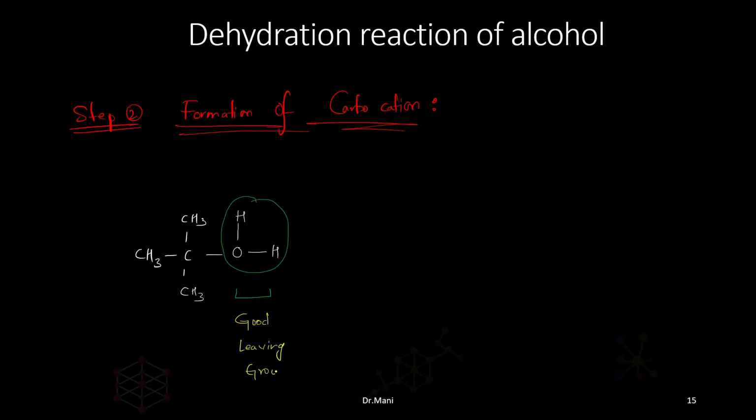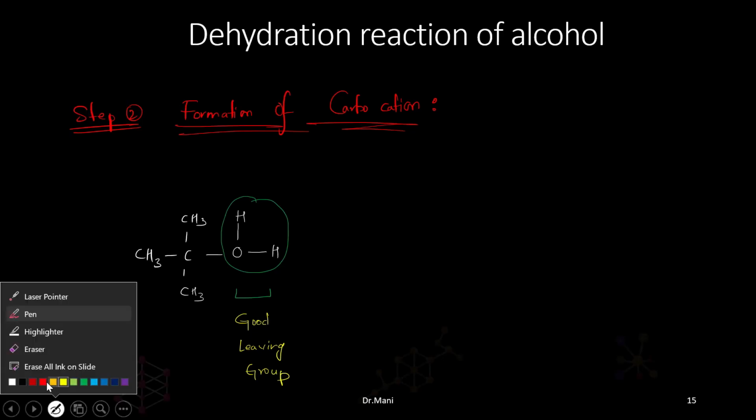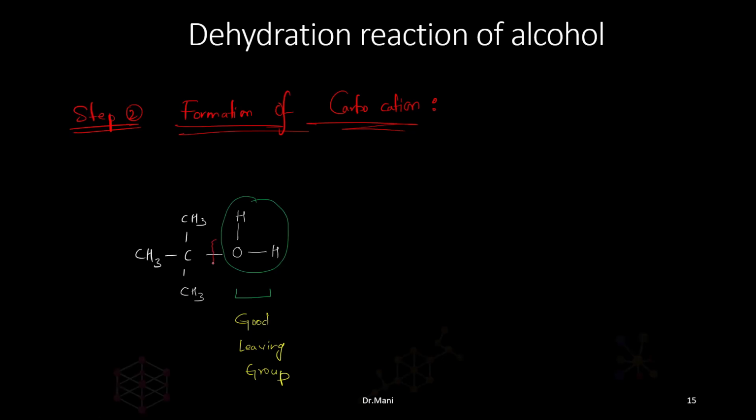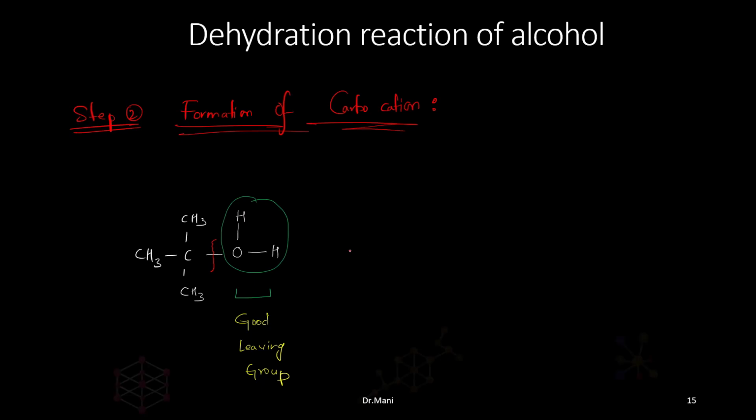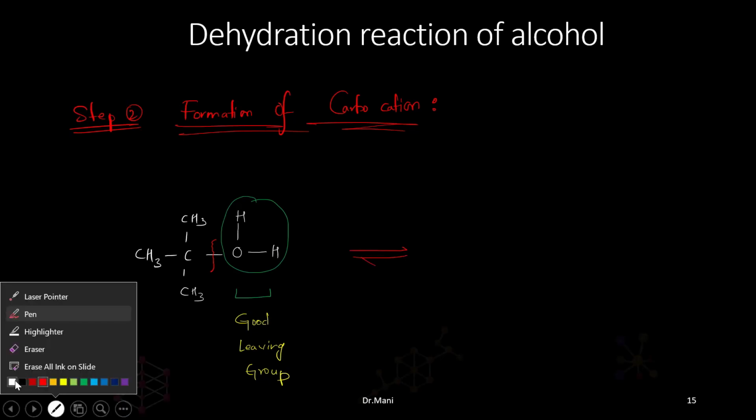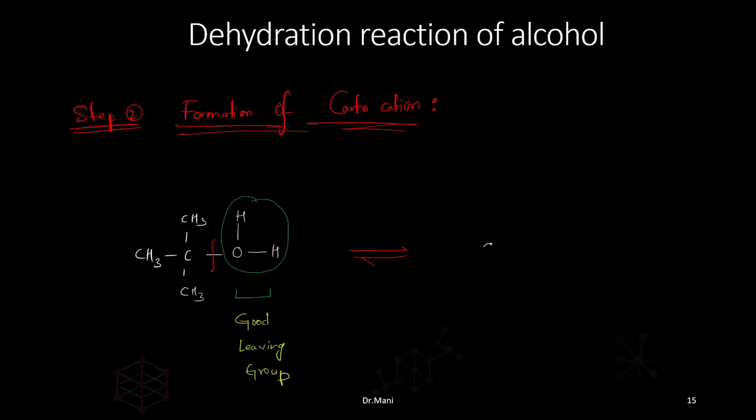As it is a good leaving group, this guy will break the bond here and he will leave. So there will be a bond breakage between the water molecule and the alkyl group. That results in C+, CH3, CH3, CH3, and there is a water molecule.